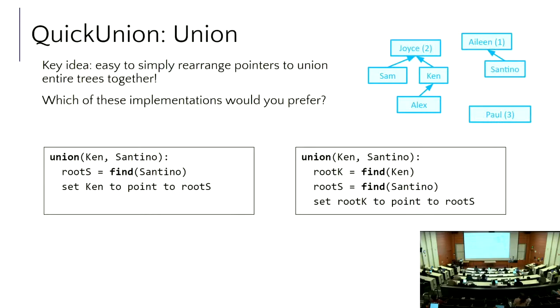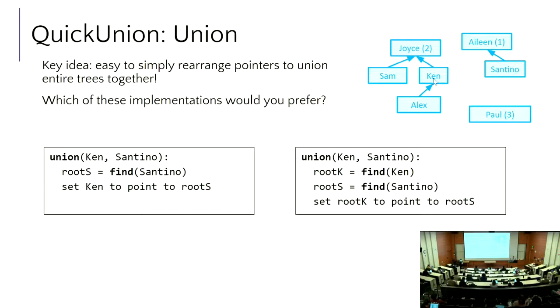Okay, so now we want to implement union. If we're going to implement union, we need to take in the two things that we are going to union together. So I could try to union Ken and Santino in this way, where the first thing I'm going to do is find wherever Santino is. And then I'm just going to set Ken to point to that item.